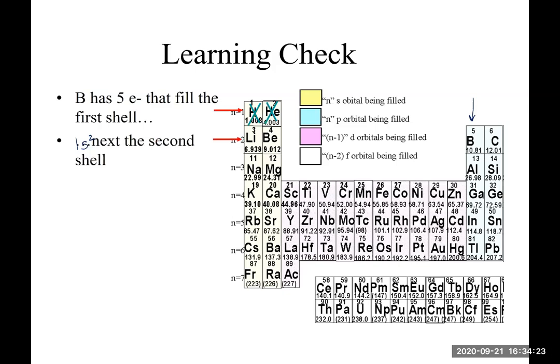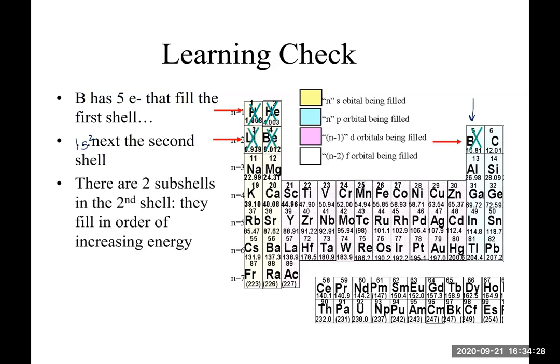Then we go through the second energy level, 2s2. So far we have 1s2, 2s2. Now we're over at the p block, 2p1.